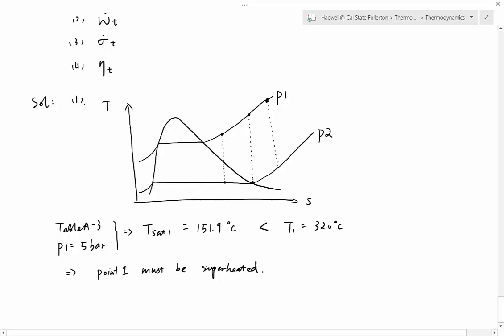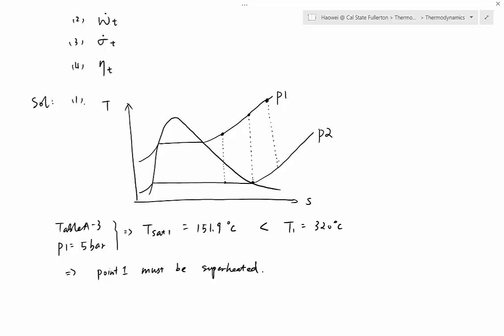If that's the case, point number 2s will be superheated. So actually I have three possible solutions. The three possible solutions are, first one, point 2s to be a mixture. Second solution, point 2s to be the G point. Third solution, point 2s to be superheated. So we need to find which one is the correct one.